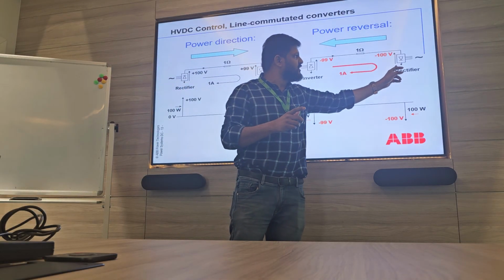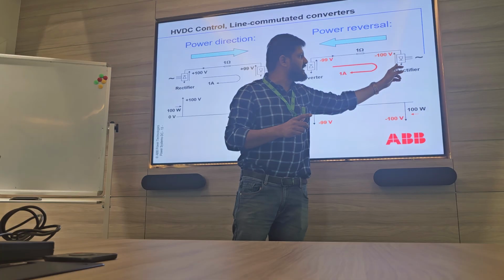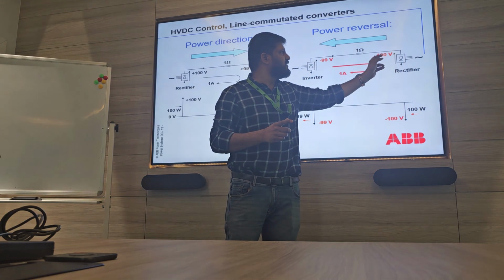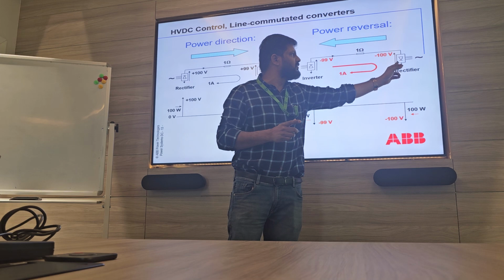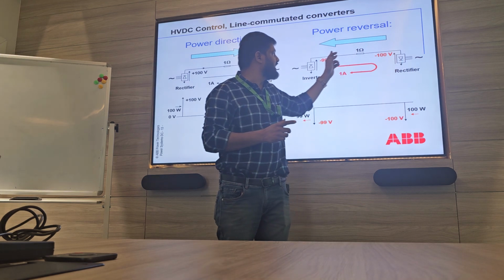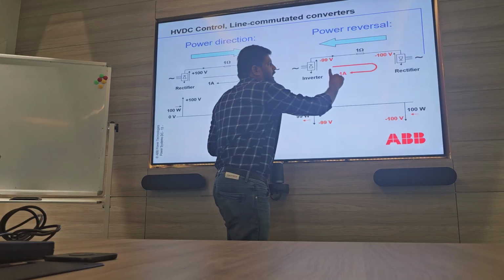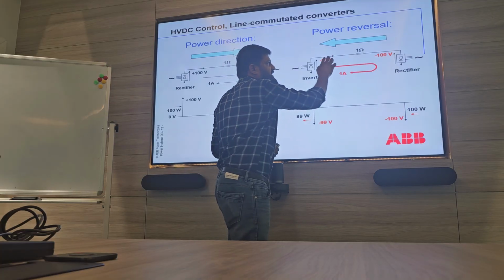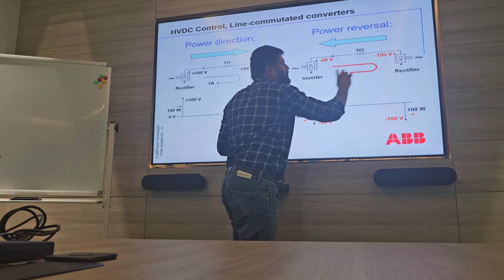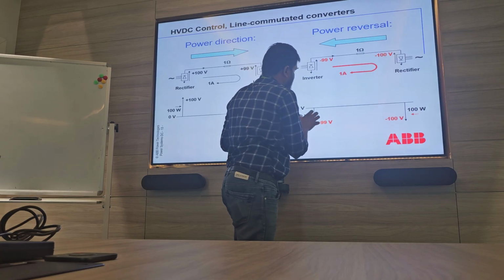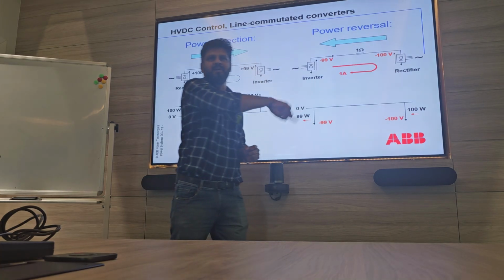I will act this one as a rectifier and this one as an inverter. Then I will make this minus 100 volt by changing the firing angle, and this one minus 99 volt. So the current direction stays like this, from maximum voltage to minimum voltage. But if you see the power, this is 100 watt and 99 watt, so power reversal will happen.